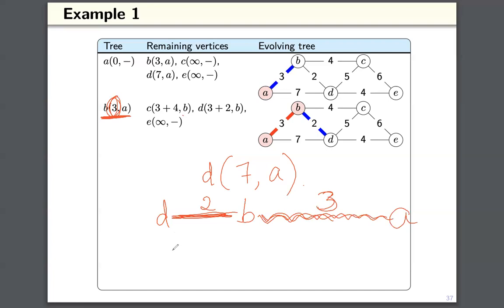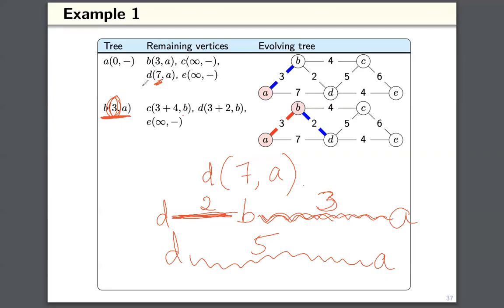That means D is reachable from A at a distance of 5. 5 is better than 7. 5 is smaller than 7.